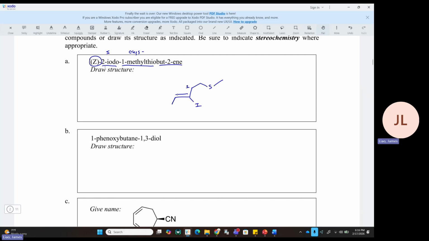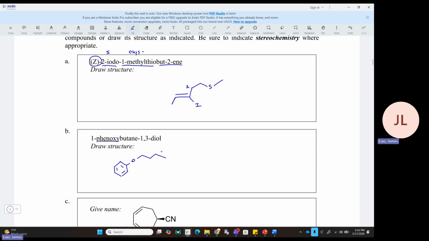Okay, that's what the structure looks like. And we're going to move on to our second molecule, which is 1-phenoxybutane-1,3-diol. In this structure, we have a phenoxy group, which means we're going to have some kind of benzene ring with an O. It's going to be on the first carbon. And then we're going to have a butane, so we're going to have 1, 2, 3, 4.